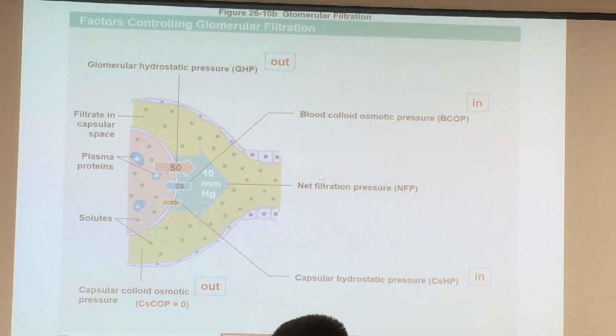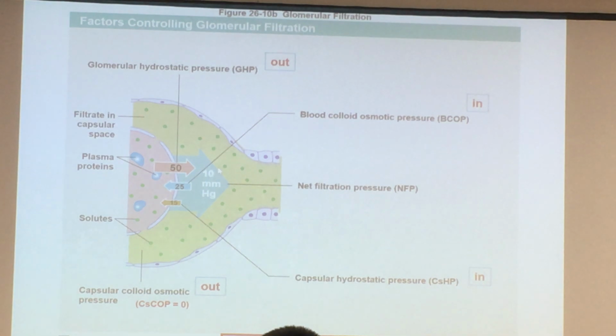Okay, so put this all together, the net filtration pressure actually equals GHP, glomerular hydrostatic pressure, minus BCOP, minus CHP, okay, and net is 10.